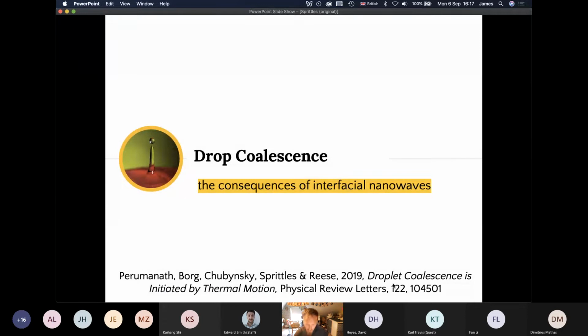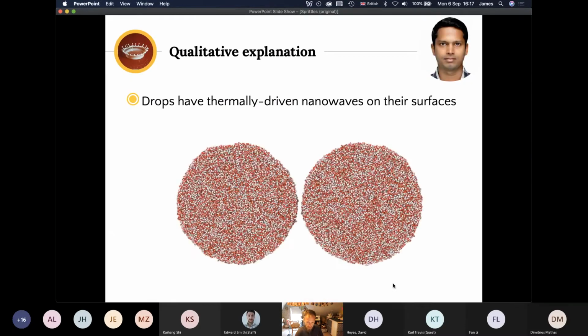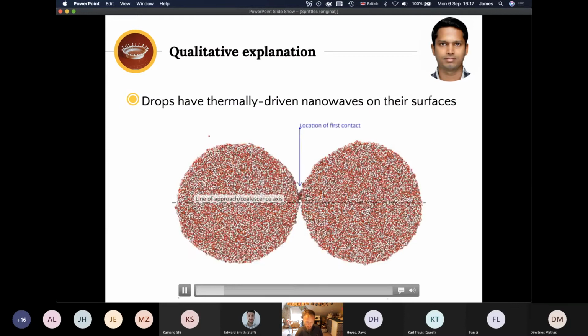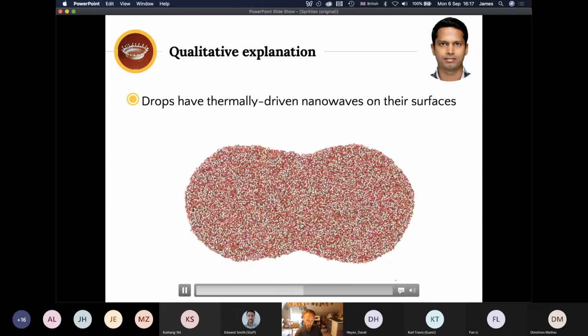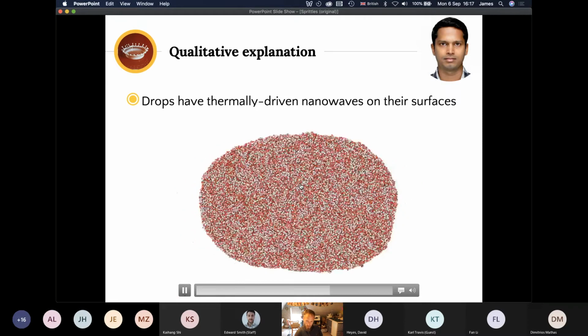Okay, so the nice thing is that the things which we saw in drop coalescence, we can describe relatively easily with thermal equilibrium. What Srihari had noticed was this off-center coalescence, and what we'd like to understand is over what kind of length scale this coalescence can occur.